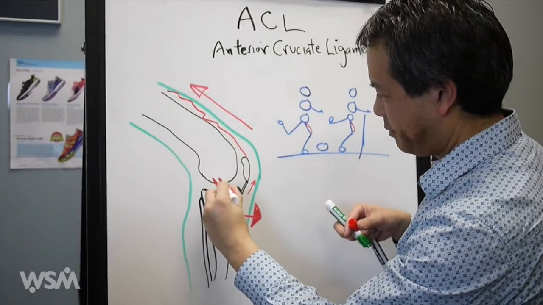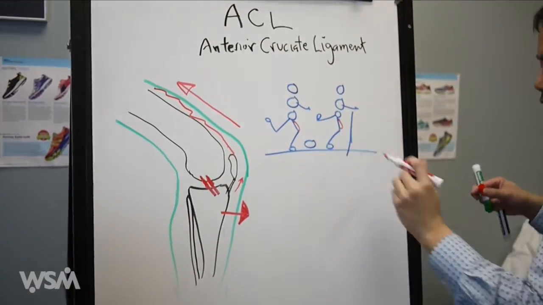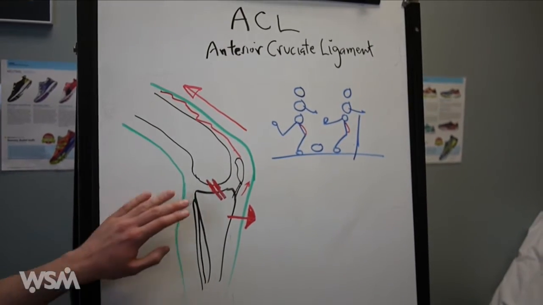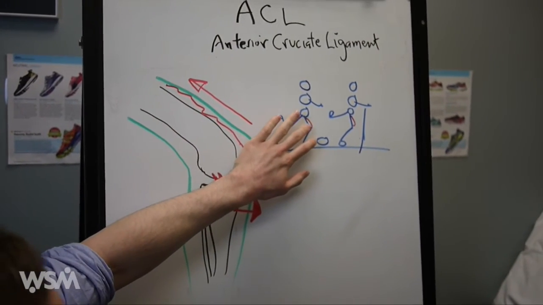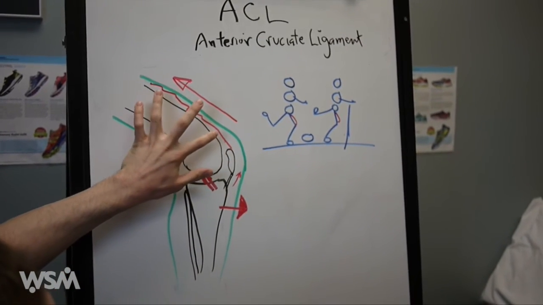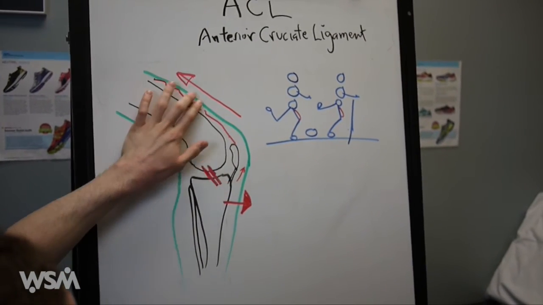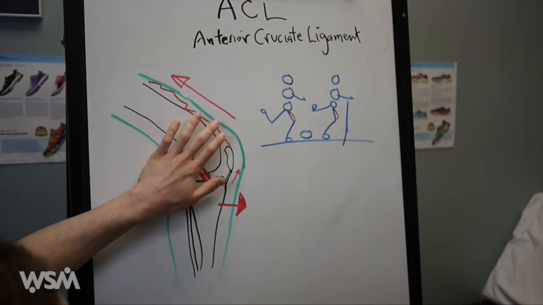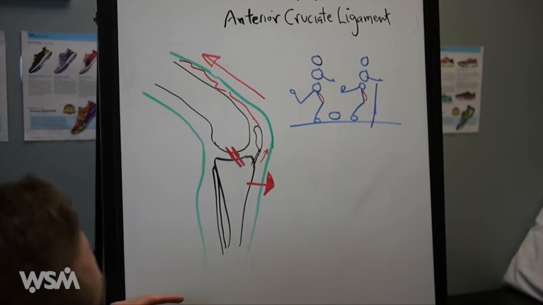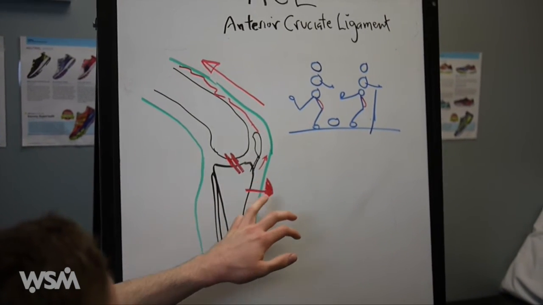So you go and explain through this picture now how you think someone can tear their ACL if they just suddenly stop. Yeah. So somebody's just stopping. They're going to be firing their quads as we showed in this picture here. And that's going to pull on the quad, shorten it. The quad's attached to the top of the patella. And as you know, the patella has a ligament here attached to the tibial plateau.